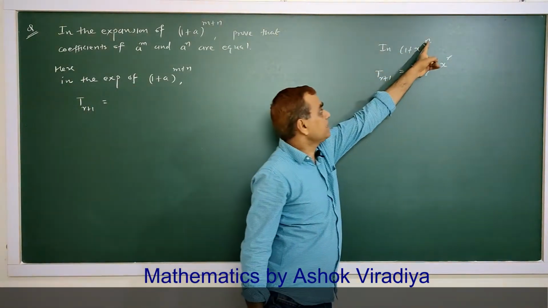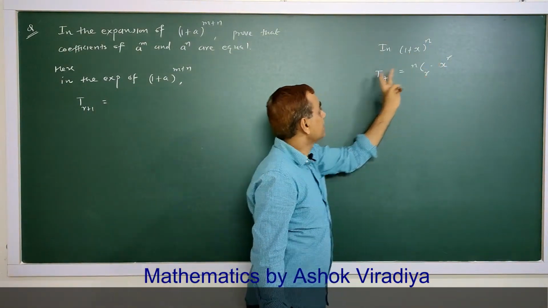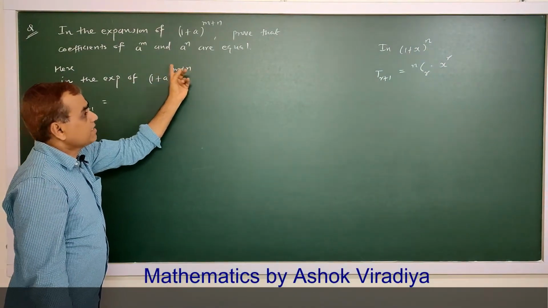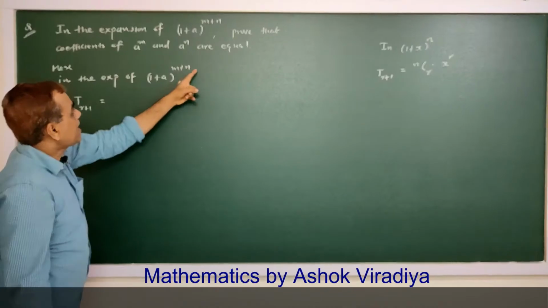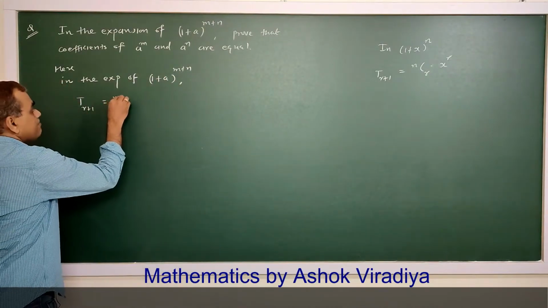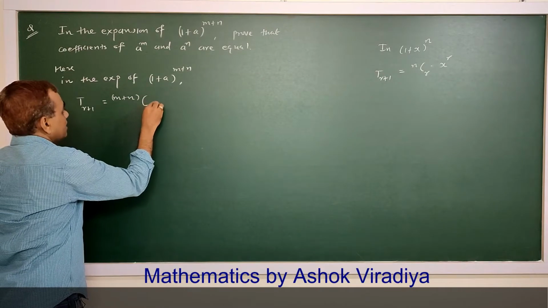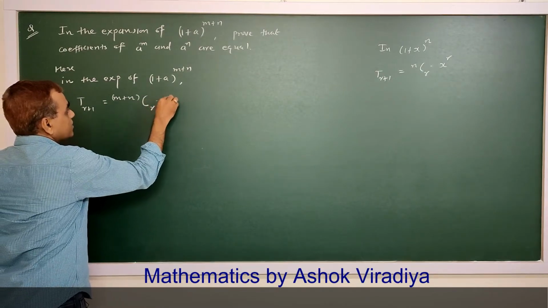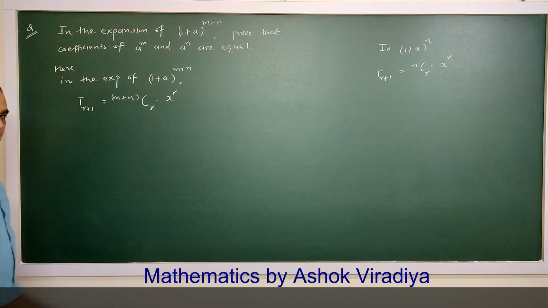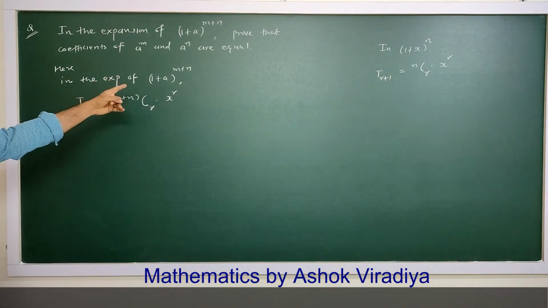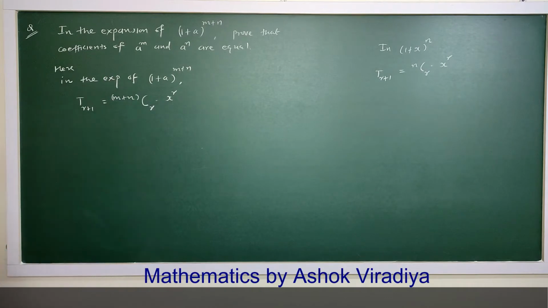Say this number is n that we keep here. So what is the value of n here? It is m + n. So we replace n by m + n. So m+n C r into x raised to r. So this is the general term in the expansion of (1 + a) raised to m + n.